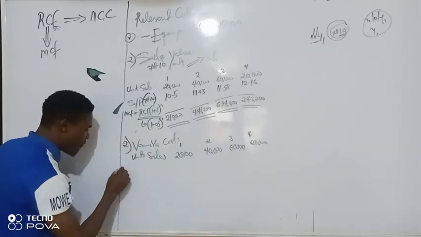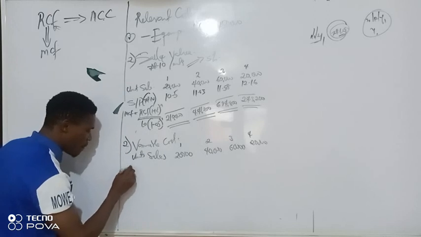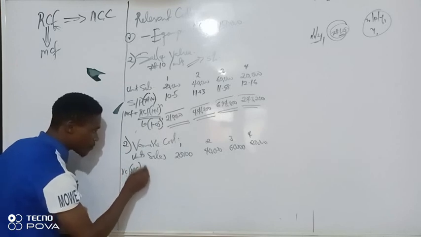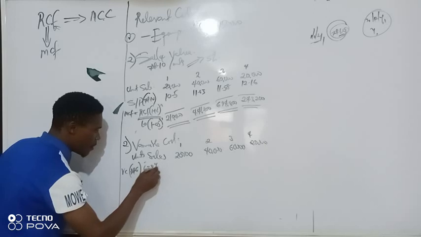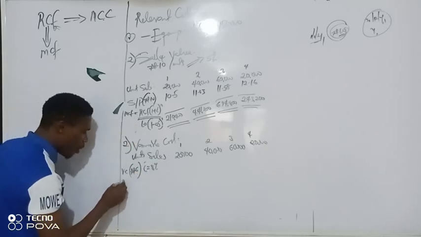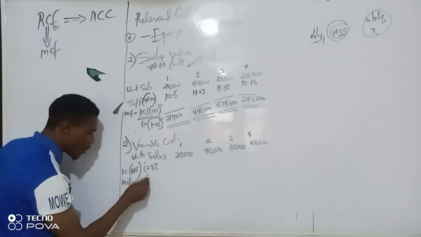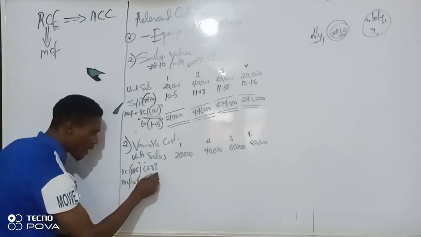Don't forget, our variable cost per unit is 6 naira as at today's price. What's our inflation rate? 8%. Apply the same formula: money cash flow is equal to real cash flow times 1 plus inflation raised to power n.